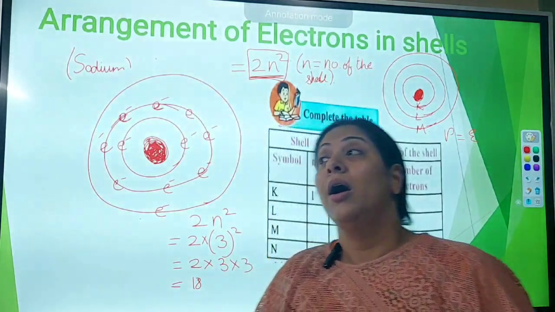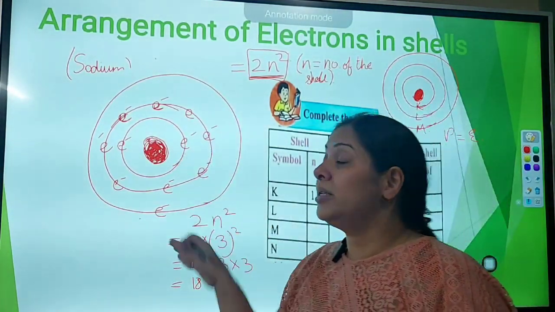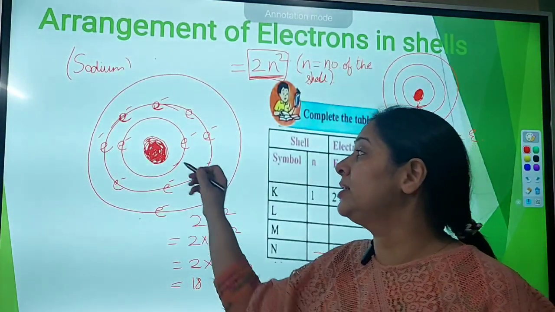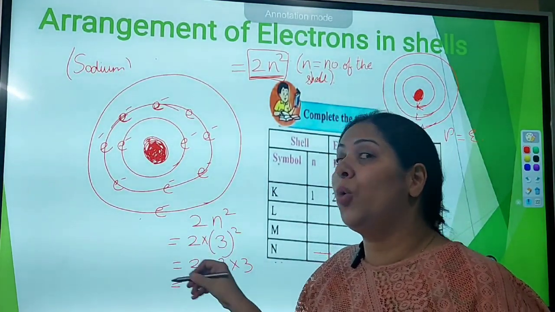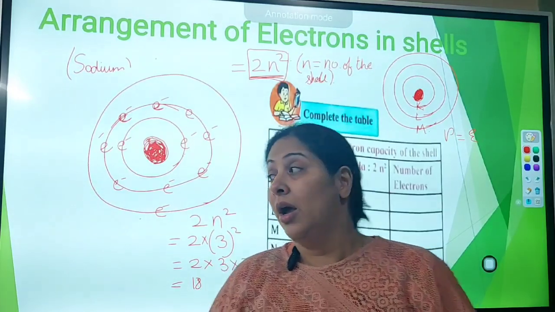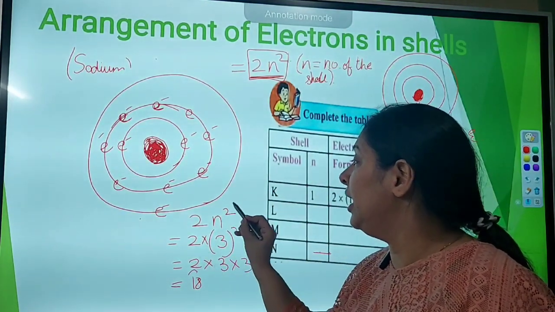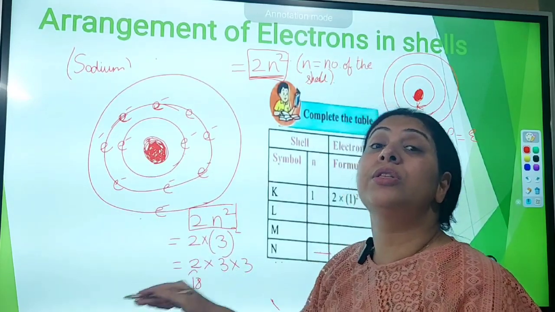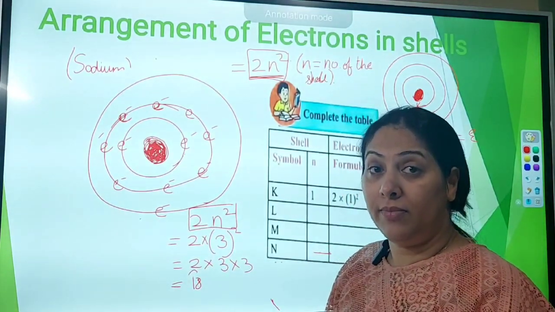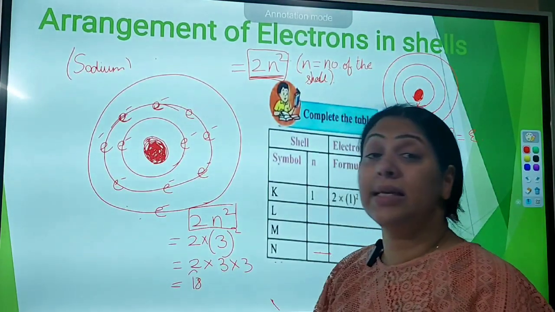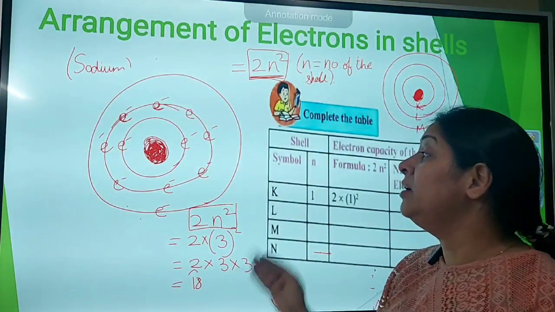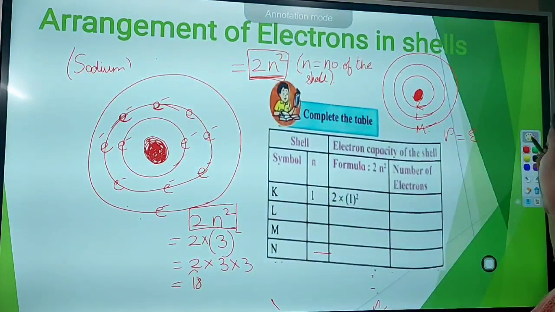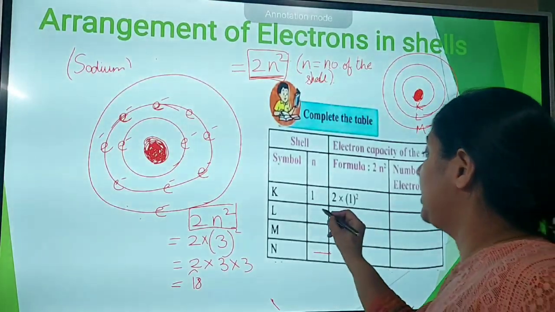All right children, however many shells you make, K shell, L, M, N, O, P, Q, R, whatever, you know that the number of electrons will be placed according to this formula. Okay, for example, this has 18. The next one we'll find out. Okay, so L shell is the second shell.